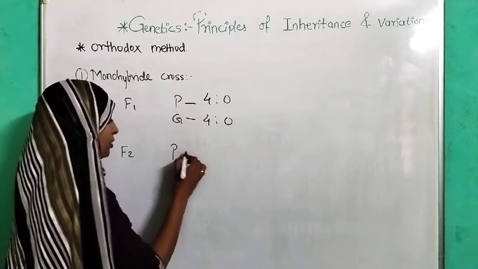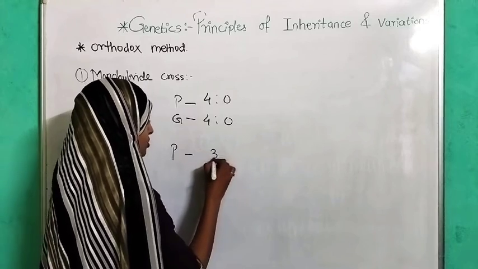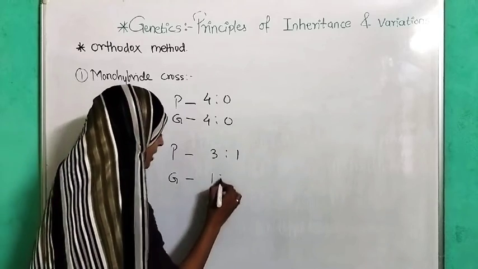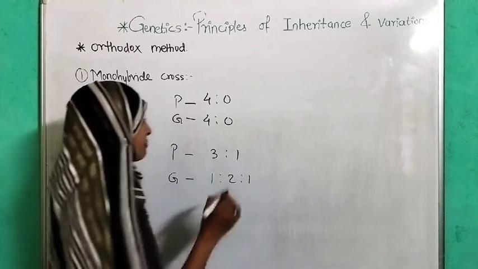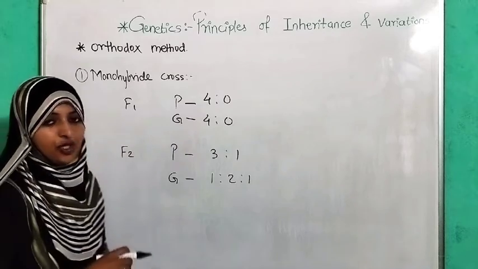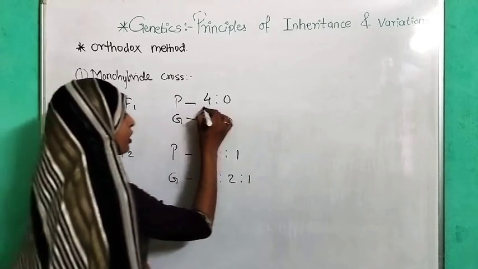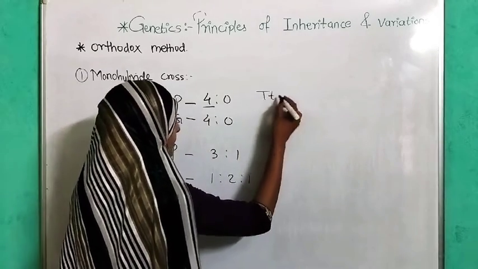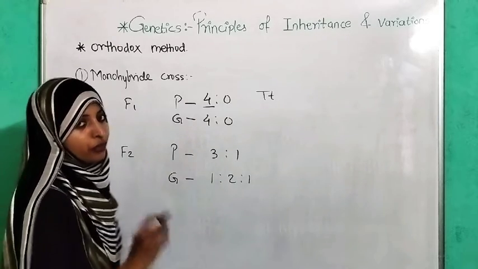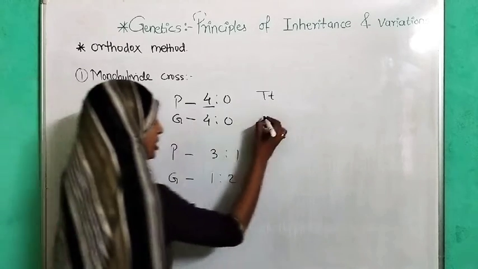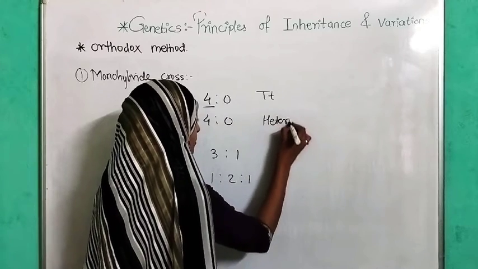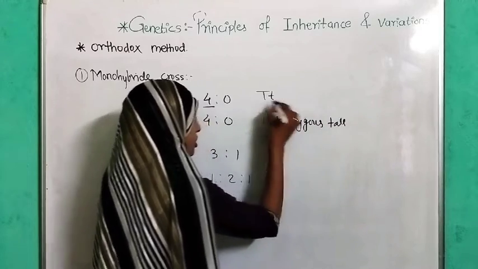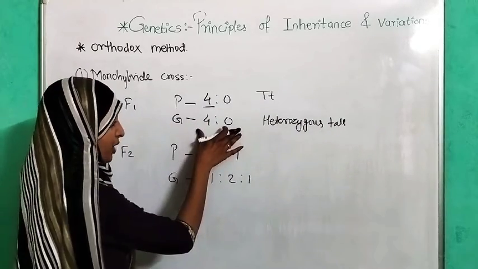The phenotypic ratio is 3 as to 1, and the genotypic ratio is 1 as to 2 as to 1. In the F1 generation, 4 are tall plants and 0 are dwarf, because we get a capital T small t condition in all 4 offsprings, heterozygous tall plants. So 4 as to 0.